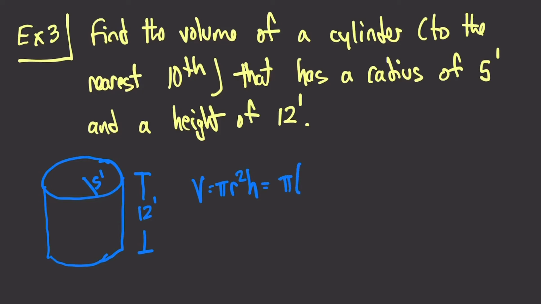So it's going to be pi times 5 squared times 12. We're just going to throw that into the calculator. I don't care what 5 squared is. I'm just going to put it on the calculator one shot. And I got 942.477... This says to the nearest tenth, so that's going to be 942.5. And since we're talking about feet here, it's going to be cubic feet.